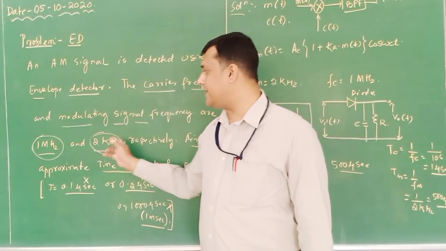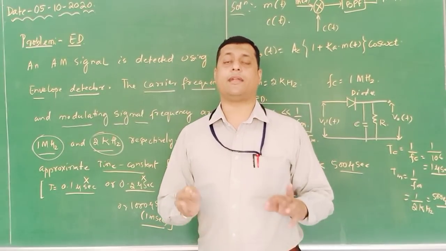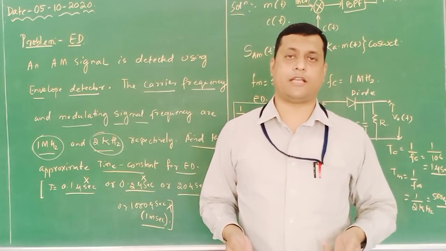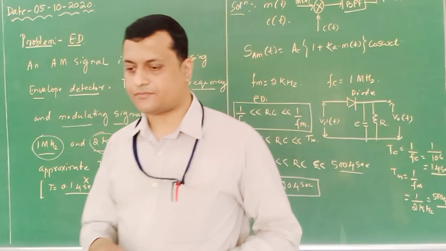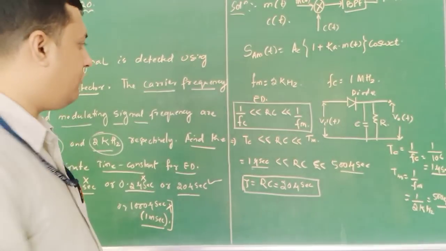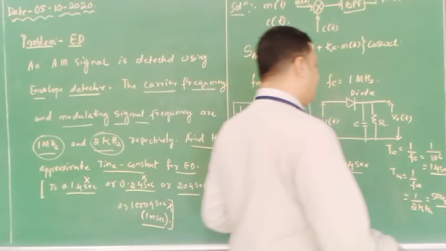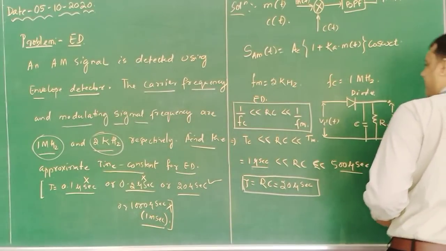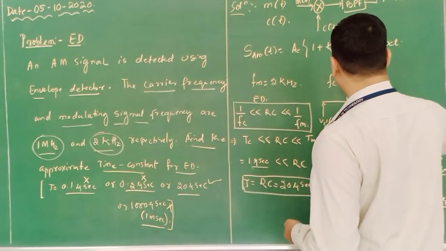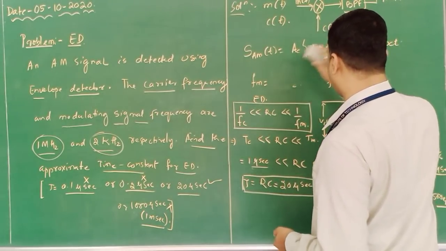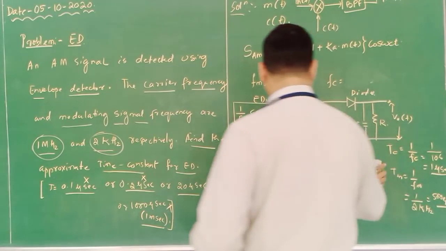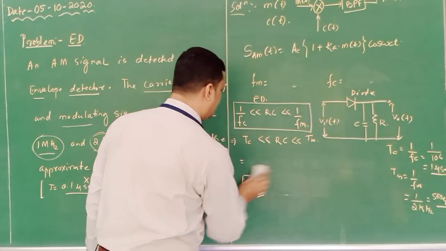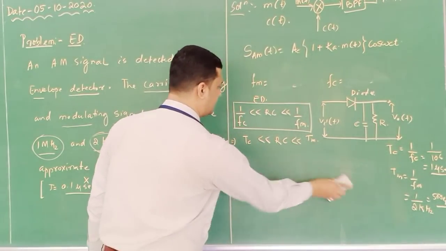Suppose I change these frequencies, my time constant is also going to change. For example, in the same question, if the modulating signal frequency and carrier frequency are changed, let us see what will happen to my time constant.